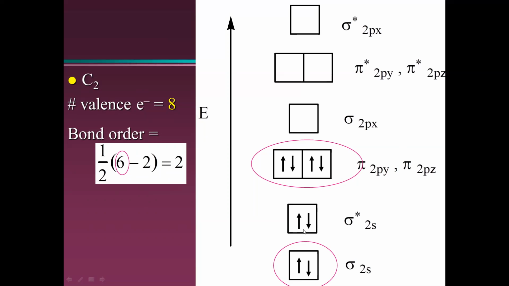So the number of electrons in the bonding molecular orbitals is 6, minus the number of electrons in the anti-bonding orbitals. The star indicates anti-bonding, so you have 2 in the anti-bonding. 6 minus 2, divided by 2. So the bond order is equal to 2.